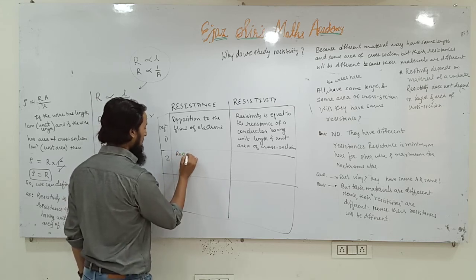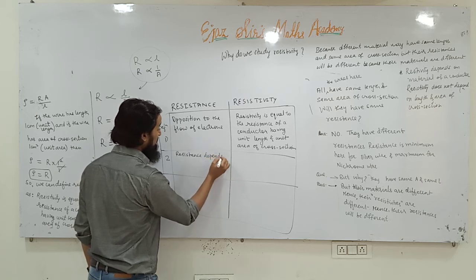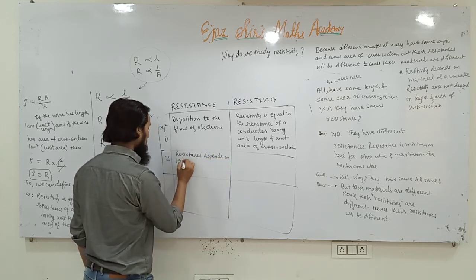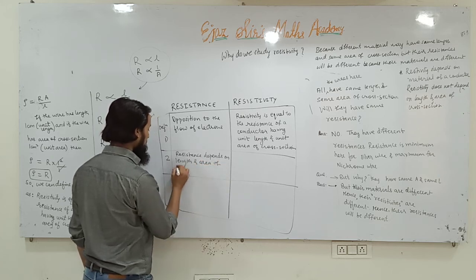Now, point number two. Resistance depends on length and area of cross section.